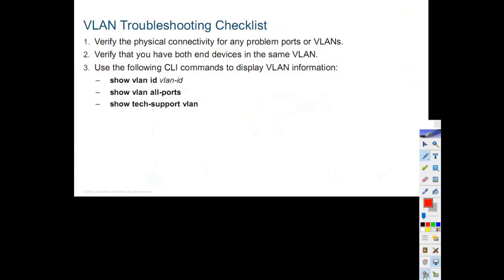And these are the commands for you to see that right here. So show VLAN ID, show VLAN all-ports, and so on. It's just a lot of CLI commands for you to verify. Once you verify the physical, the data path, and so on, you have to be able to use all these tools available within the Nexus to verify all of that.